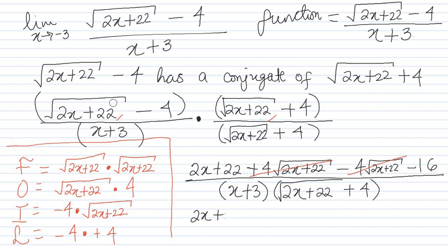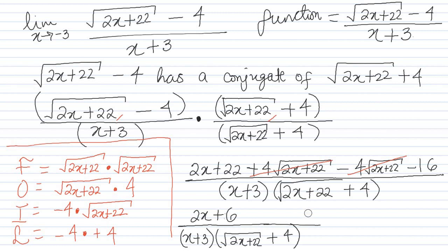So that will be 2x plus 6, divided by x plus 3, multiplied by the square root of 2x plus 22 plus 4. All of that information.